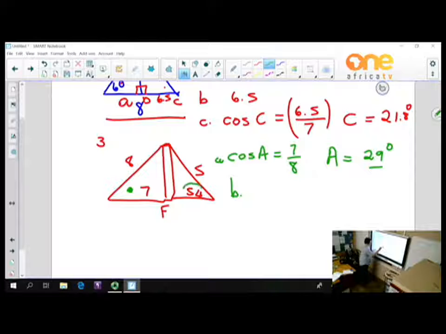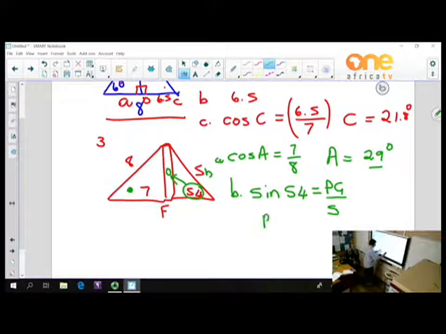So I start here, and this is opposite. This is the hypotenuse, so it will be the sine function. So sine 54 is equal to PG over 5. Which method? Top times. So PG is going to be, if I multiply the two, 4.05.